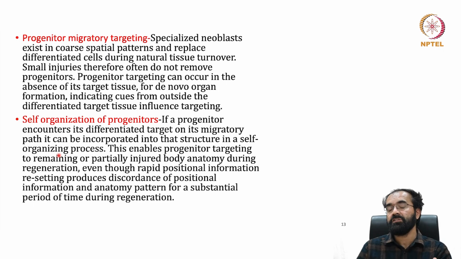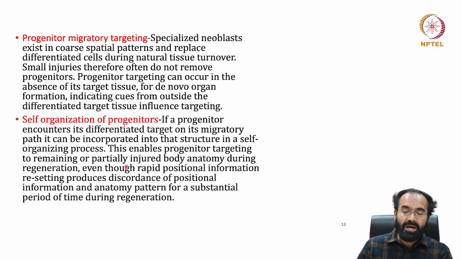Like when you plug out the eye from a blastema, the newly formed blastema is shifted anteriorly, because these progenitors encounter an already existing eye. Hence, they migrate into that existing eye as part of the maintenance of the existing organ. So this enables progenitor targeting to the remaining or partially injured body anatomy during regeneration.